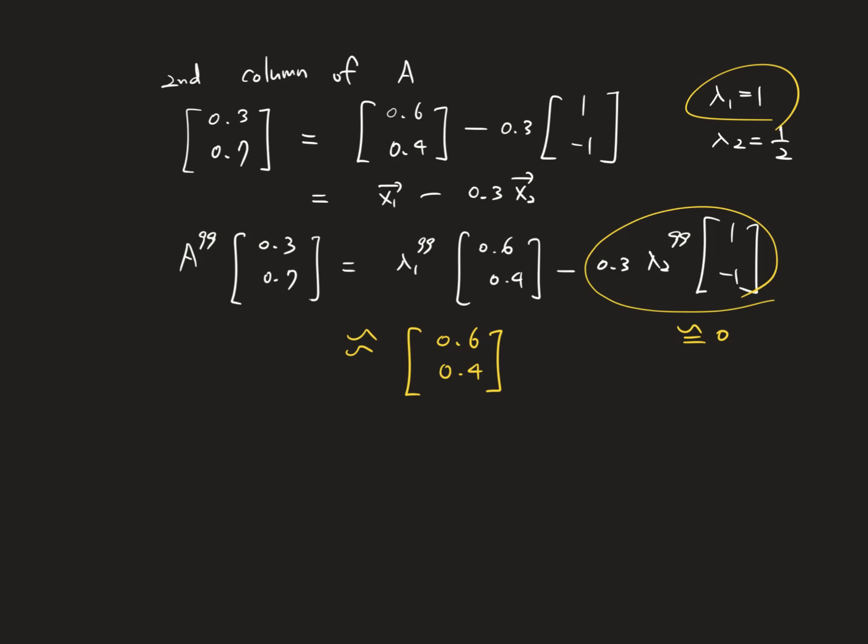Now we can see that all the columns, first column and second column, will converge to the first eigenvector. And we can say that x1, the first eigenvector, with lambda 1 equal to 1 is a kind of steady state because it doesn't change. And the x2 component with lambda 2 equal to 1/2 is a decaying mode.